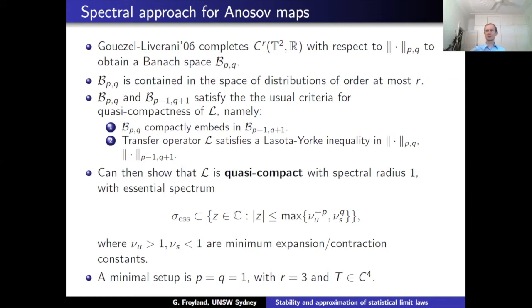So you've got this Anosov map, right? At each point in phase space, locally, you have some expansion, and locally you have some contraction. If you expand a lot, then this decreases the essential spectral radius. So that would be 1 over the expansion rate, nu U to the -1. And nu S, if you're contracting a lot, this has the same effect in this norm. In the expanding case, it's even easier: the stronger the expansion, the smaller the essential spectral radius.